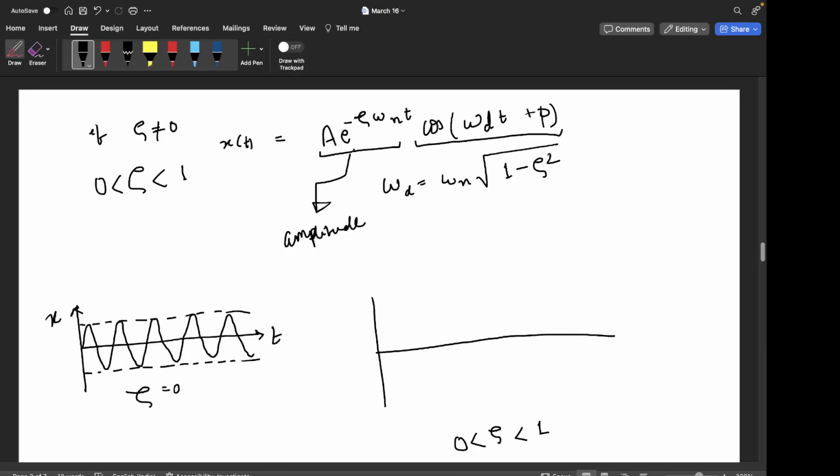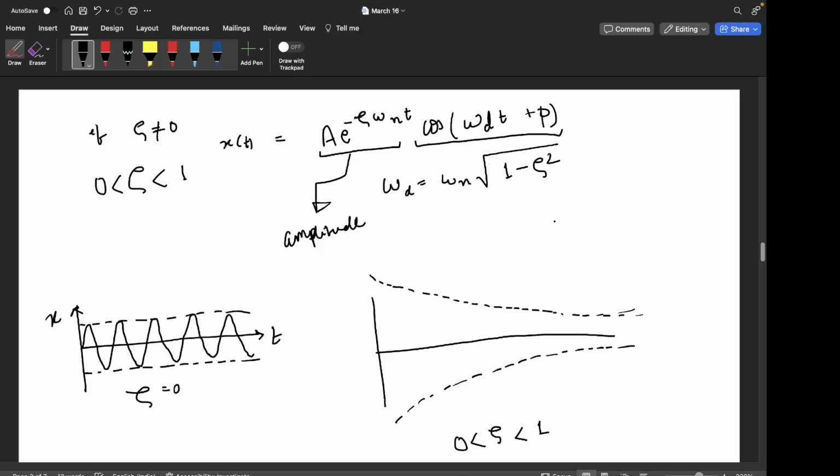So this very clearly shows that the amplitude is decaying with time. First we draw the envelope of the amplitude, so this A e to the power minus xi omega_n t is something like this. That's how we draw a decaying exponential, right?